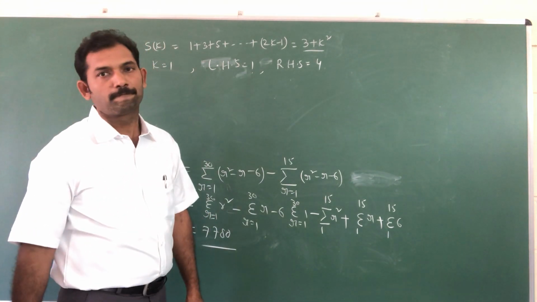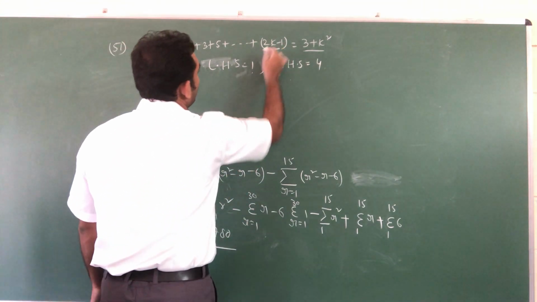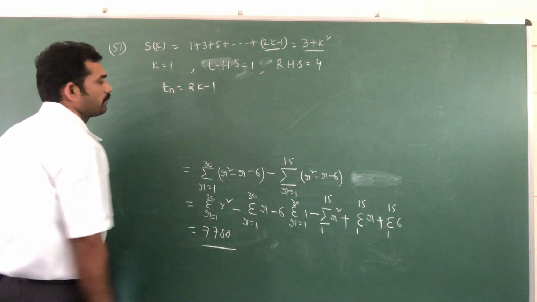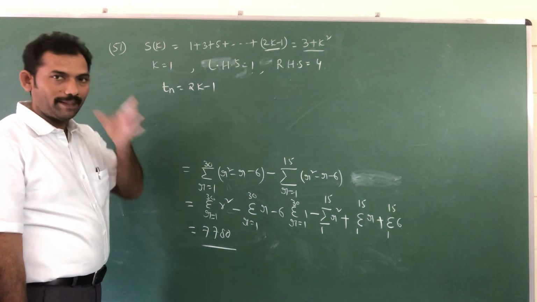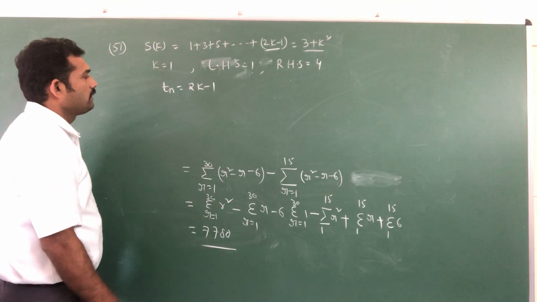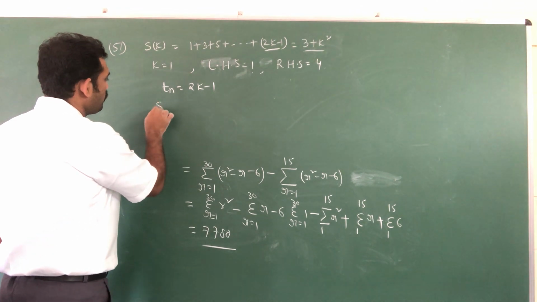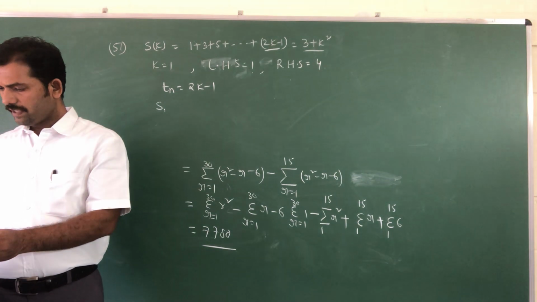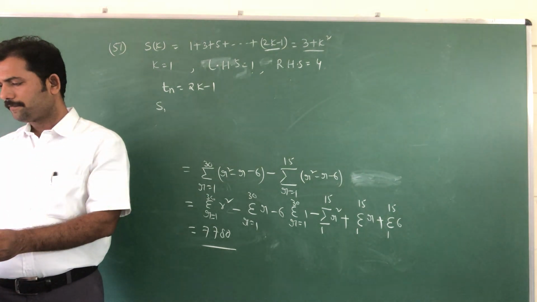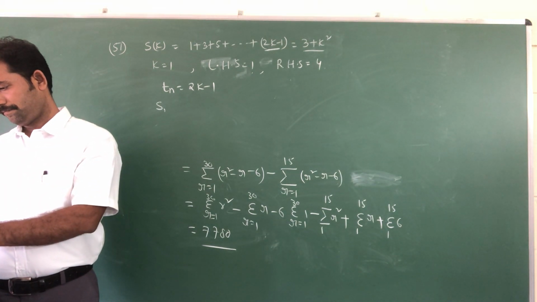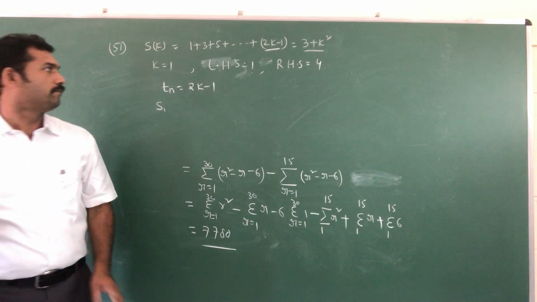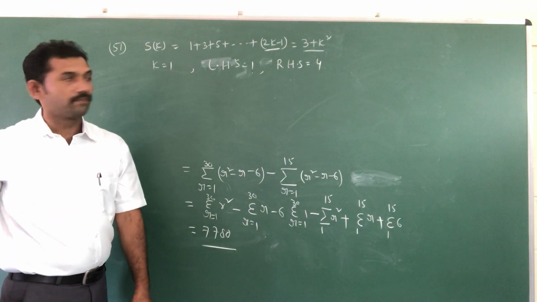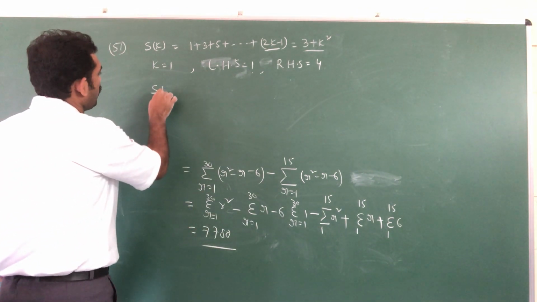How is it correct? You consider Tn. Tn is equal to 2k minus 1. Now S of k plus 1, what happens?